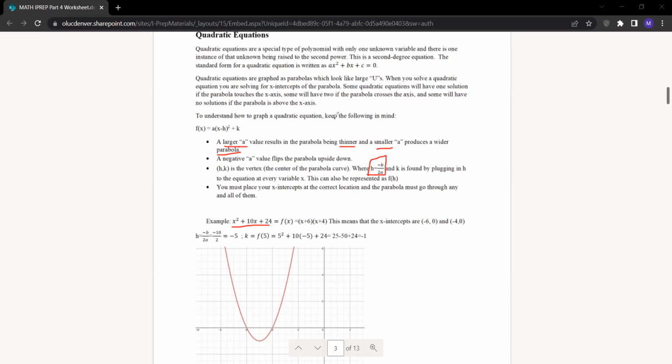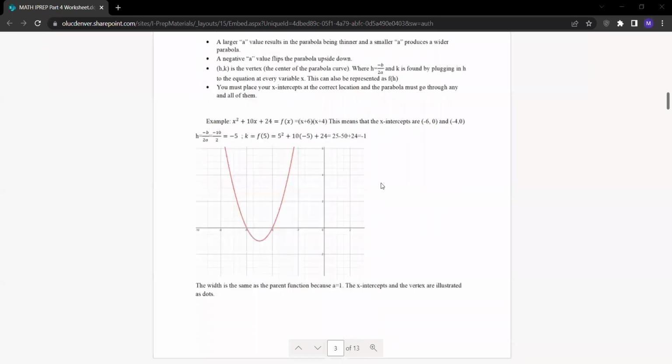So here is going to be an example. We have x squared plus 10x plus 24 is equal to f of x. When we factor x squared plus 10x plus 24, we get (x plus 6) and (x plus 4). This means our x-intercepts are negative 6 and negative 4. So when we graph this, we have negative 6 and negative 4.